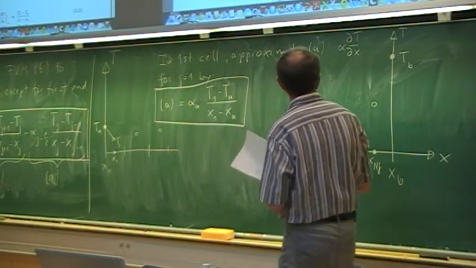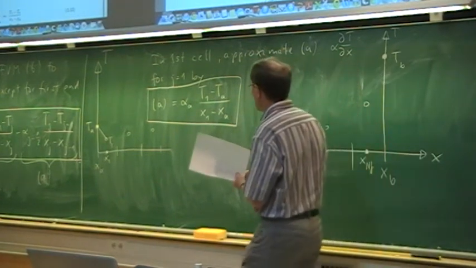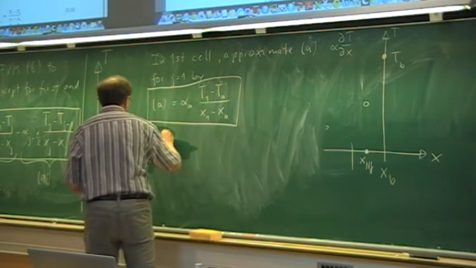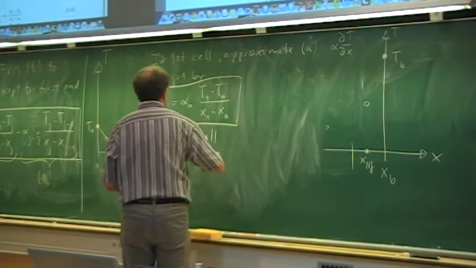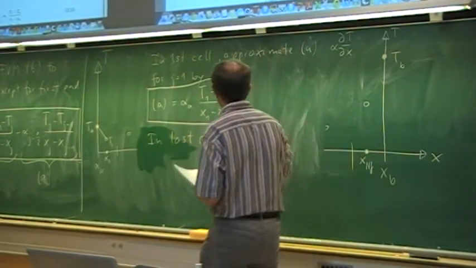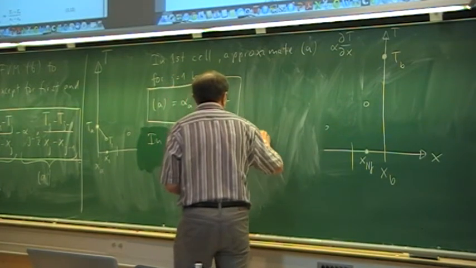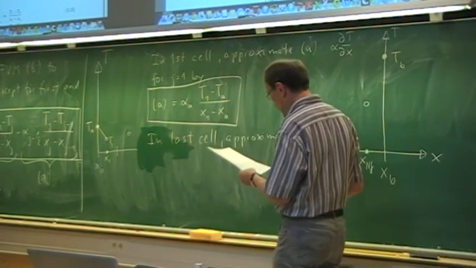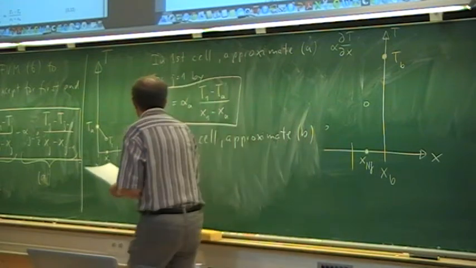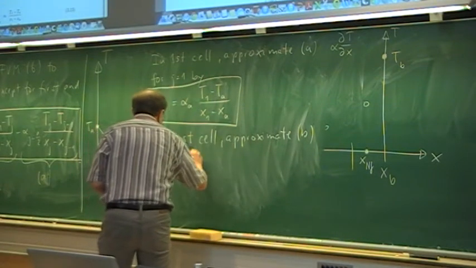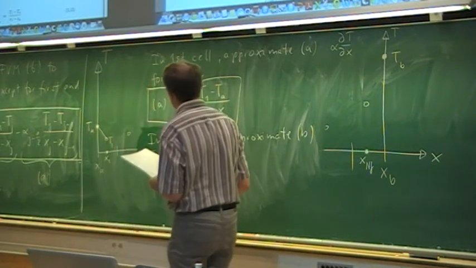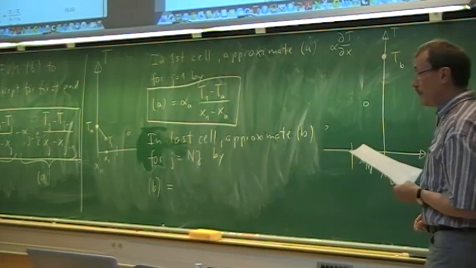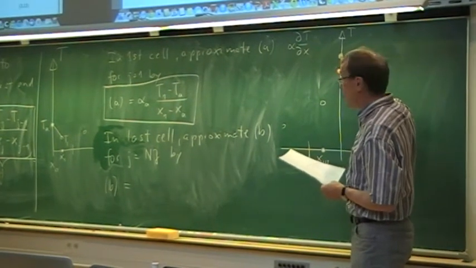For the last cell, we shall do something similar. So in the last cell, that is in our case the cell Nj, we approximate B, again we approximate alpha dT/dx there. That will be for J equal to Nj by the following. What shall we do there? Well, the alpha is again nice. We know we are at the boundary.